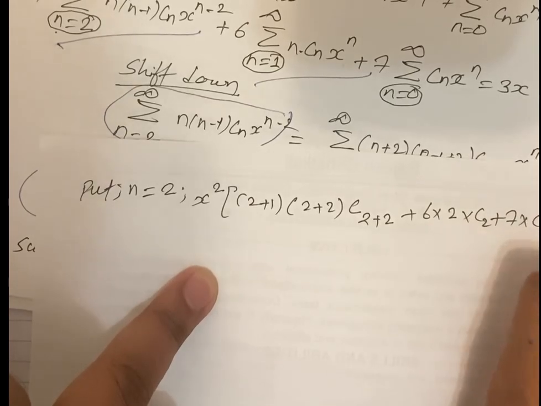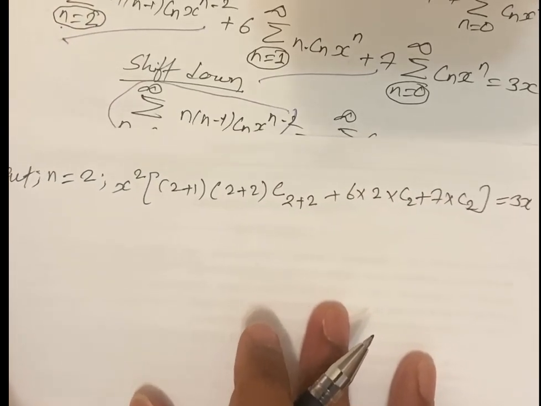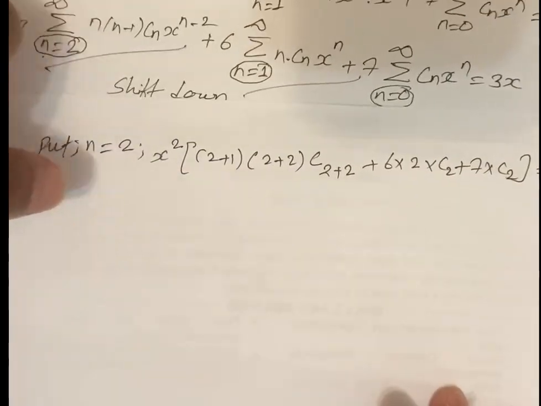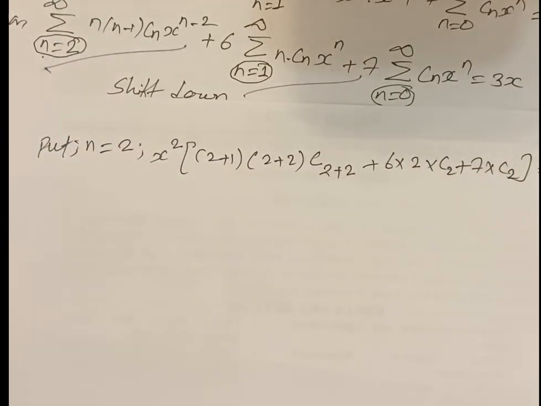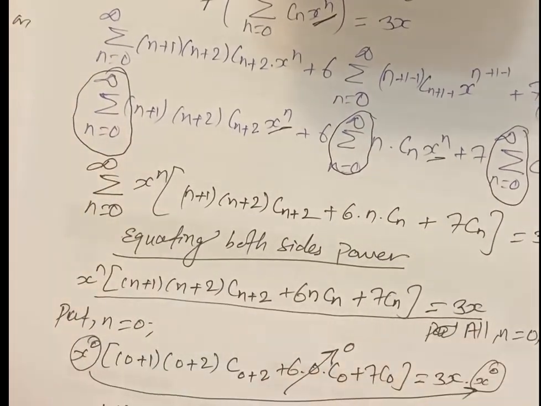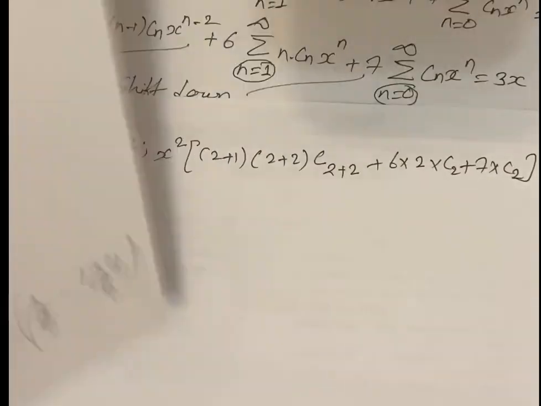This one is 3x. We just substitute this n is equal to 2 in that previous equation. Yeah, in this one we just put that value 1, 2 and 3.